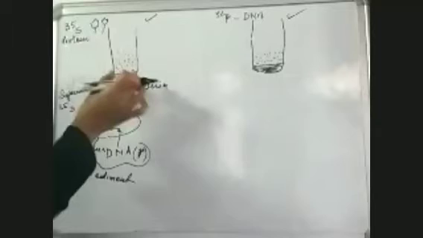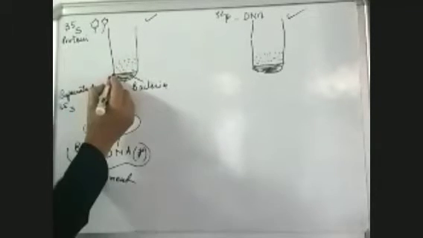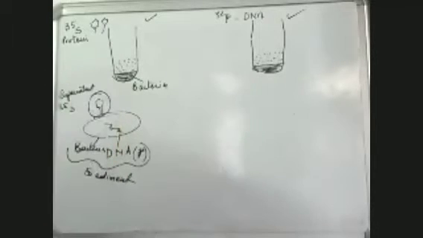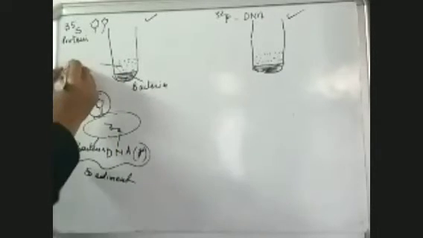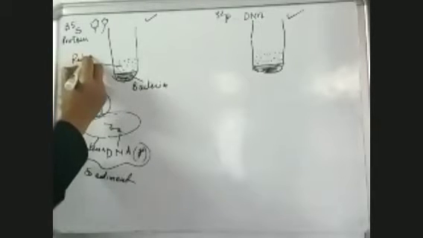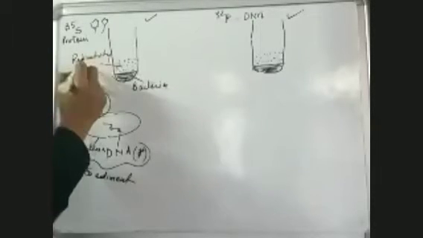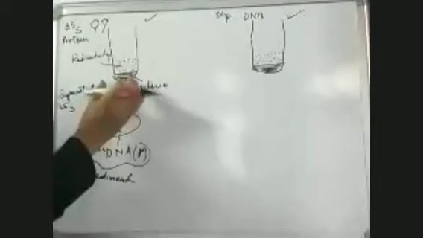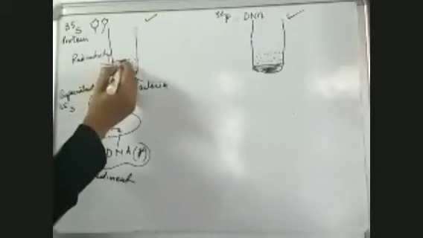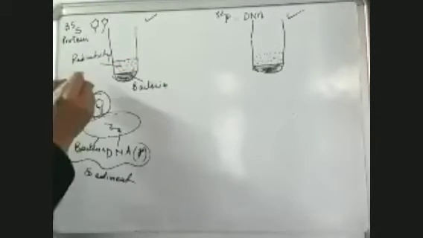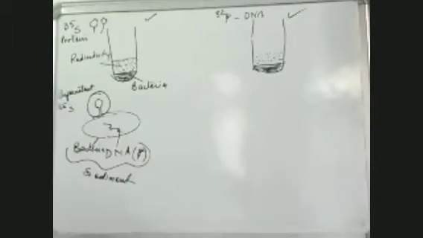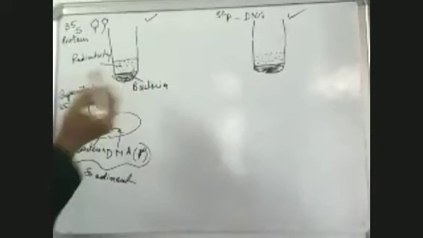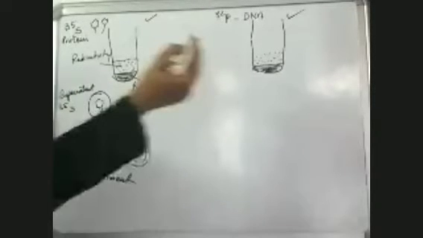When they obtained this after centrifugation, this part which has bacteria as well as DNA was not radioactive, whereas radioactivity was detected here, because what was labeled in this group of bacteriophages? The protein coat. And the protein coat was up at the top as supernatant. So this radioactivity was detected in the supernatant.